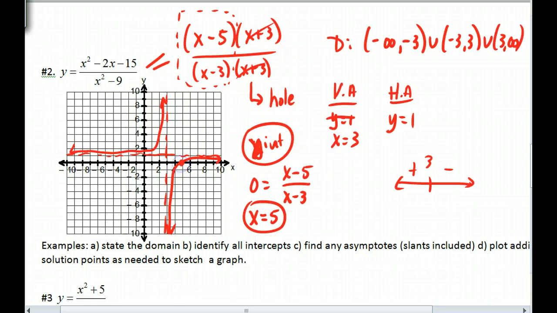Look at that, I hit it spot on. So I do have an x-intercept of x equal to 5. Y-intercept, I never checked, but if I plug in 0, I'm going to get 5/3. So this point right here would be 0, 5/3. So that's my y-intercept. Okay? So that gives me a pretty nice graph. You can check that with your calculator.